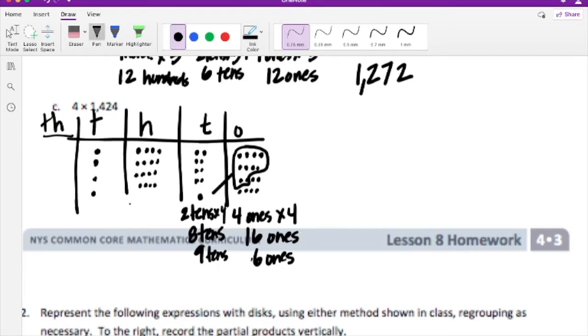All right, then we have 4 hundredths times 4. That's 16 hundredths. So after we regroup, that would be 6 hundredths. And then we would add 100 to the thousands.